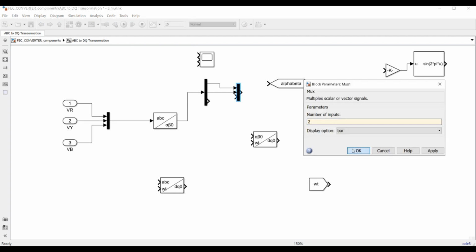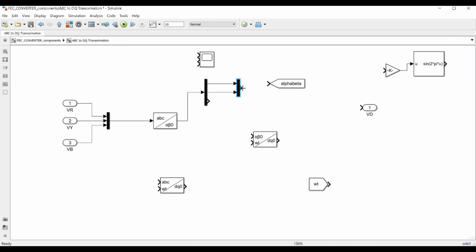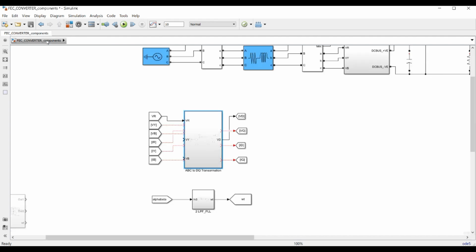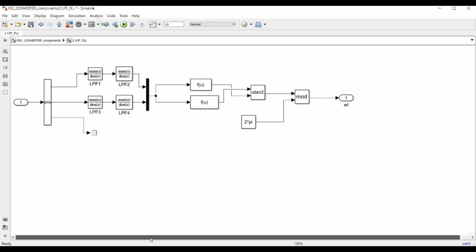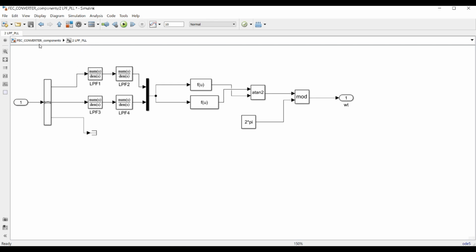Need 2, and I will be naming it as alpha and beta. Now this alpha and beta what I have created over there will be placed over here. This is V alpha beta, and this is the Demux.